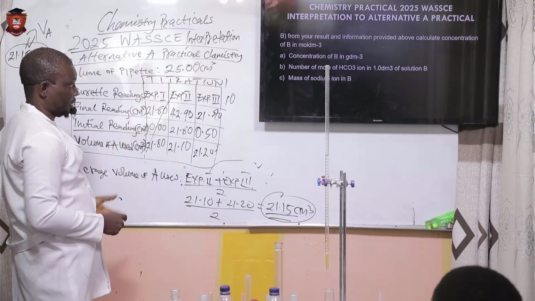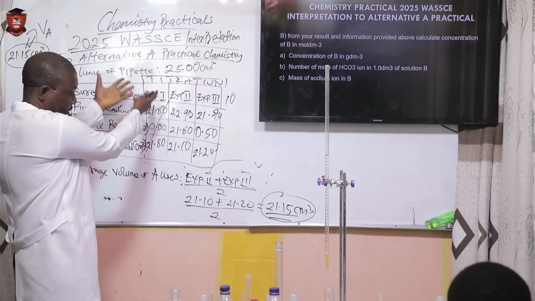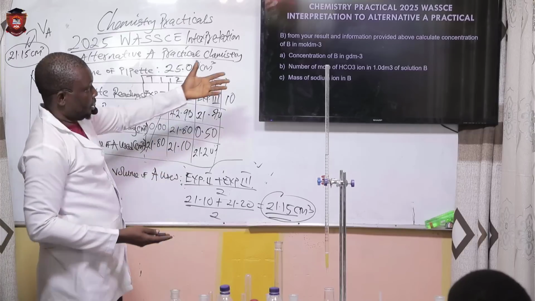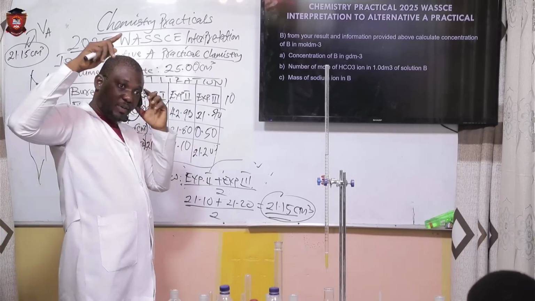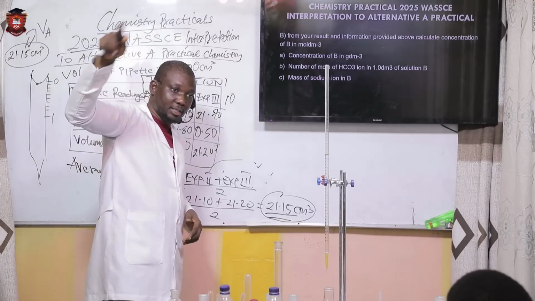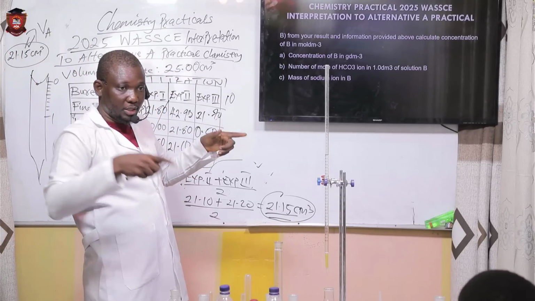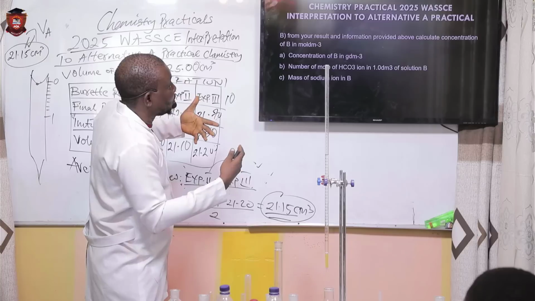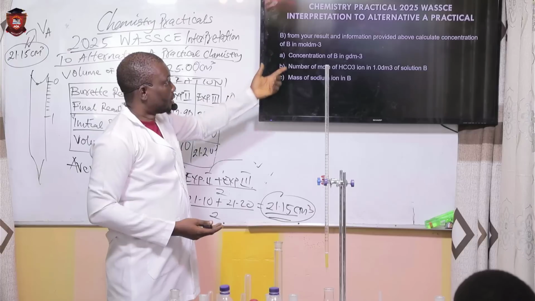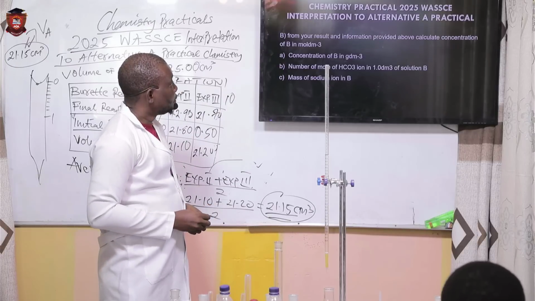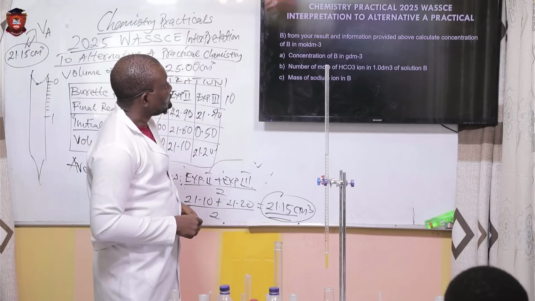So the next one says from your results and the information provided. What is the information provided? You see the first question, they say A is this with a certain concentration, and B is this. That is what they mean by information they have given to you. Then you should calculate the concentration of B in mole per dm cube.